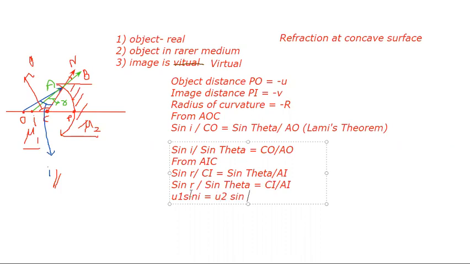This is the generalized formula of Snell's law, right? So this is equal to this. So what can we write? We can divide both sides by sin theta.